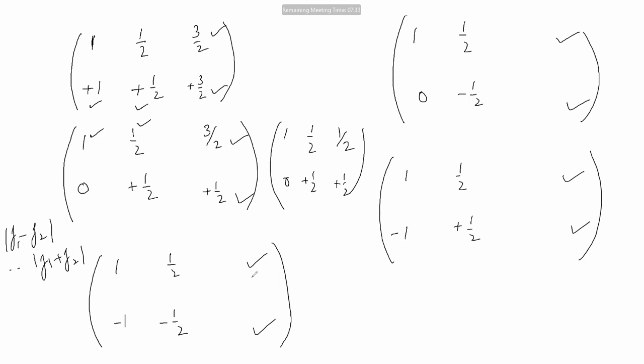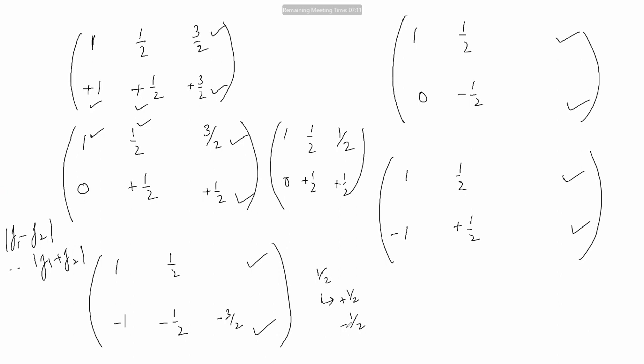Anybody? 1/2 and minus 3/2? No. Now it cannot be 1 by 2. Why? Because 1 by 2 cannot have a projection minus 3 by 2. 1 by 2 can only have a projection plus half or minus half.